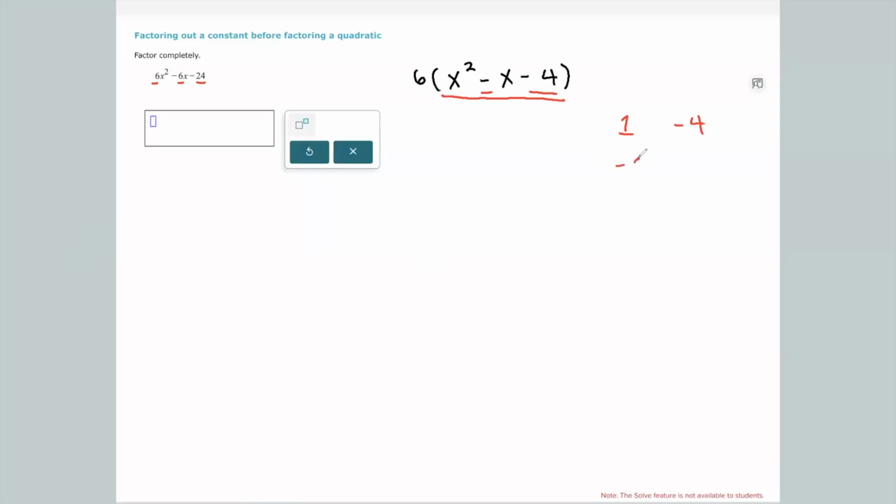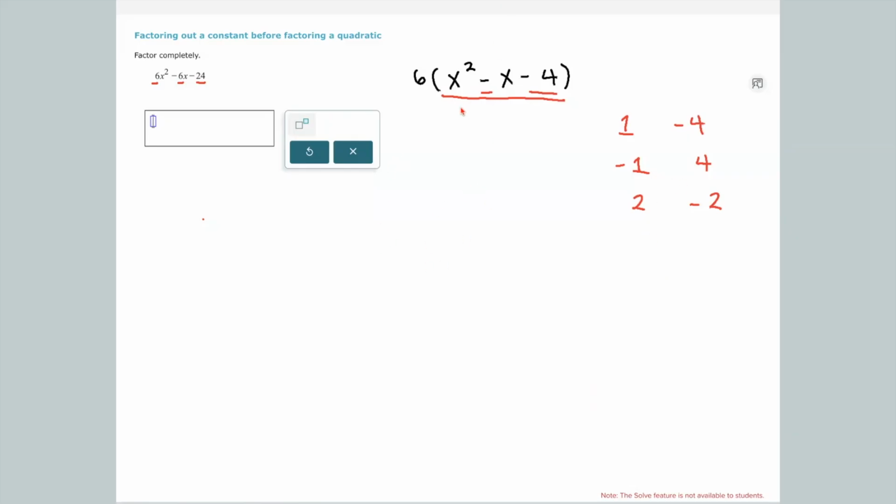If I did negative 1 and 4, well, then I get 3, so that's not good. I could do 2 and negative 2, but those are going to add to 0, so that's not great. What else could we do here? All right, so looking at this, and again with the 2 and the negative 2, so if I did negative 2 and 2, that's going to be kind of the same.